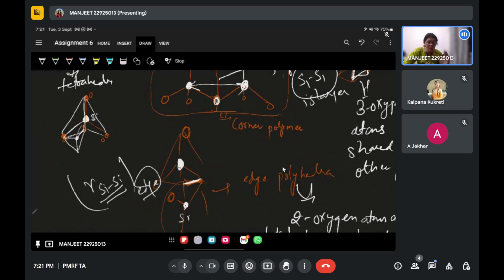If I talk about the face one, now my polyhedra come together at a face, they are completely joined. They are making a 3D structure. One of the faces is shared with the other one. So the distance between them is much closer compared to the edge and the corner one.